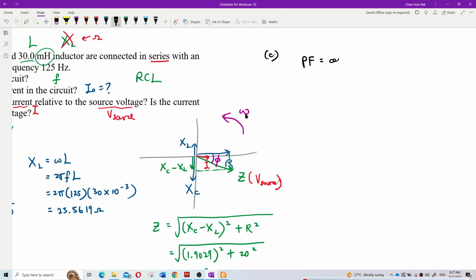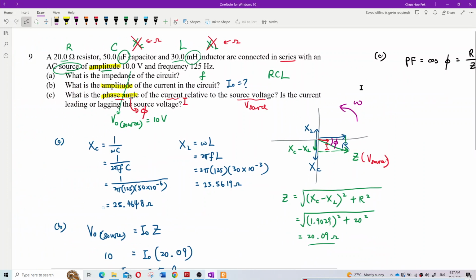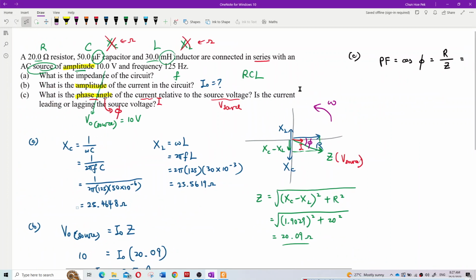Cos phi is R over Z, adjacent over hypotenuse. Adjacent is the resistor, hypotenuse is Z. What is the value of the resistor? The value of the resistor is 20 ohm.